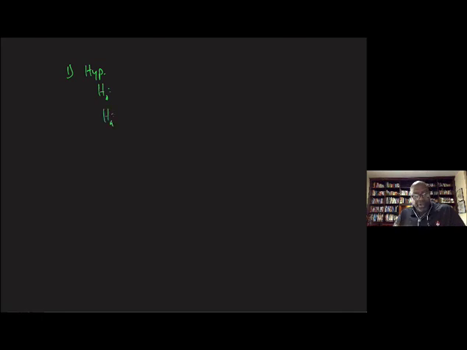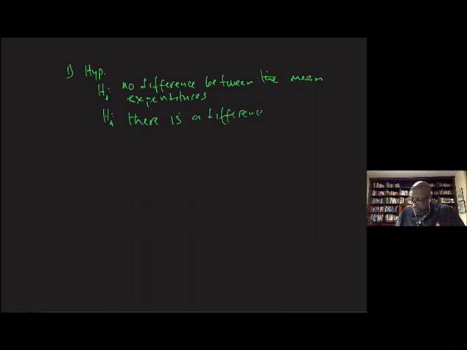We'll say H0: there is no difference between the mean expenditures, versus HA: there is a difference between the mean expenditures.